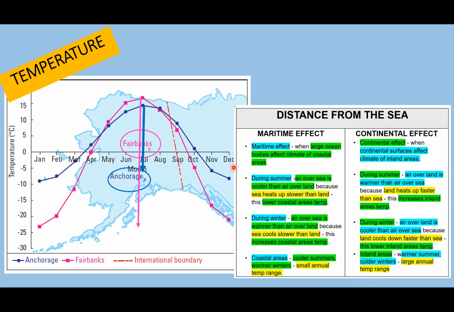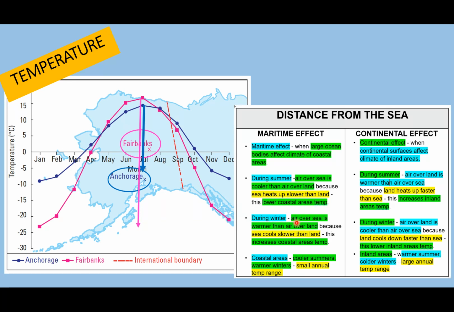Another factor which affects temperature will be distance from the sea. Maritime effect is when large ocean bodies affect the climate of coastal areas. During summer, air over sea is cooler than air over land because sea heats up slower than land. This lowers coastal areas' temperature.